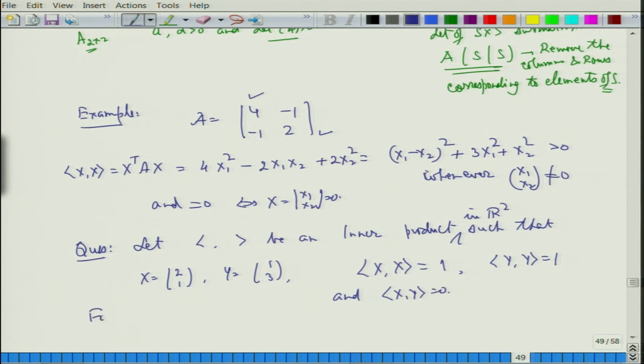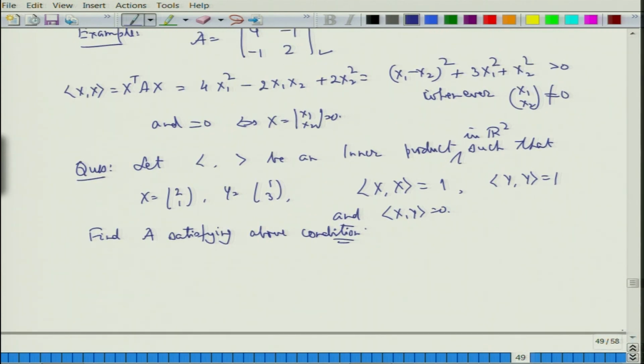Find A satisfying the above condition, all right. So what we'll have to do in such a case is take A as (a b; b d), fine. Now, the norm of x being 1 implies that (2 1) times (a b; b d) times (2 1) should be 1.